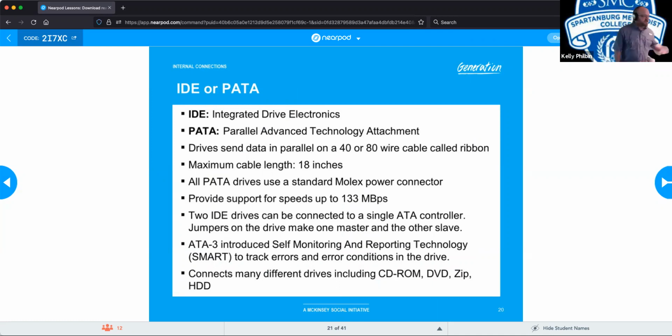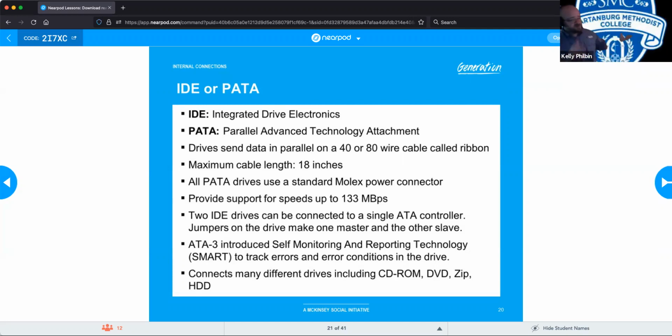Basic definitions of these, you have the IDE, which is the integrated drive electronics. PATA, which is the parallel advanced technology attachment. Easy to remember that all the wires run parallel to each other, and it runs in that long flat ribbon. They have 40 and 80 wire combinations.